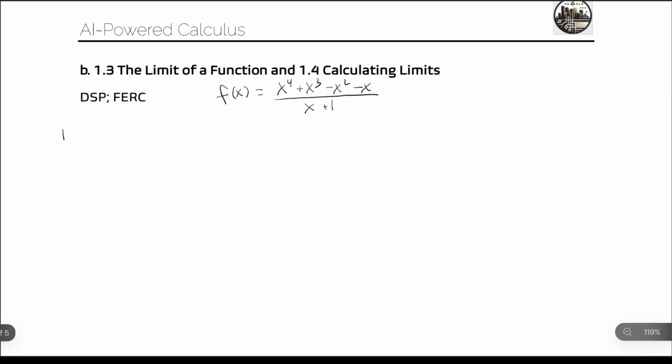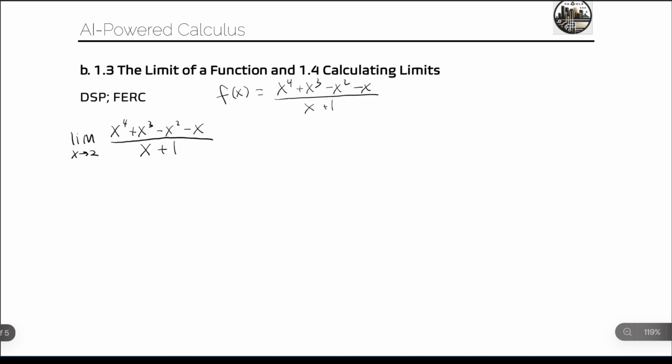Let's say the limit as x approaches 2 of our function, all over x plus 1. Now what do we know about the value 2?